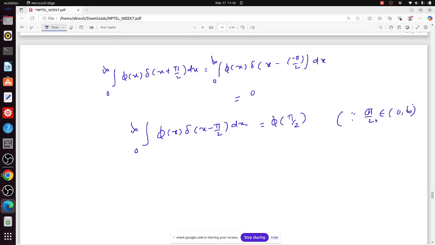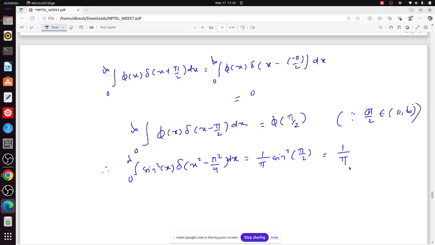So the integral from 0 to infinity of sine square x delta of (x square minus pi square by 4) dx is equal to 1 over pi sine square of pi by 2. So that is equal to 1 by pi.